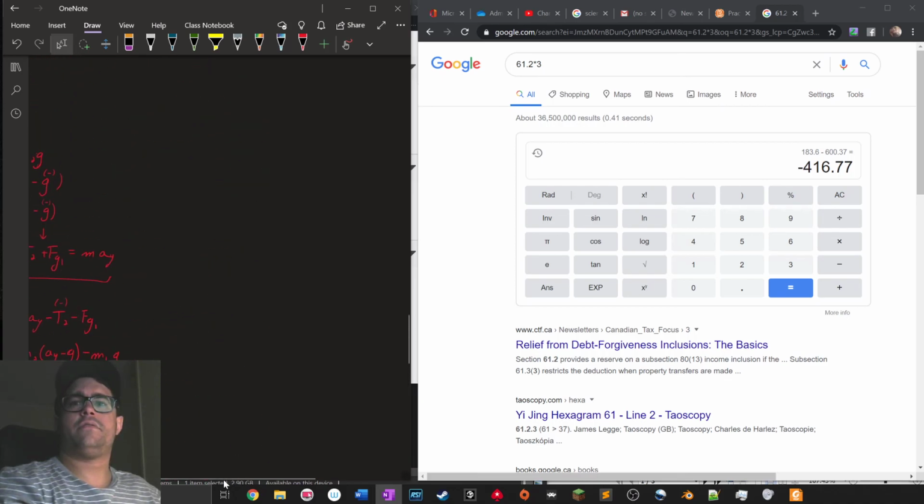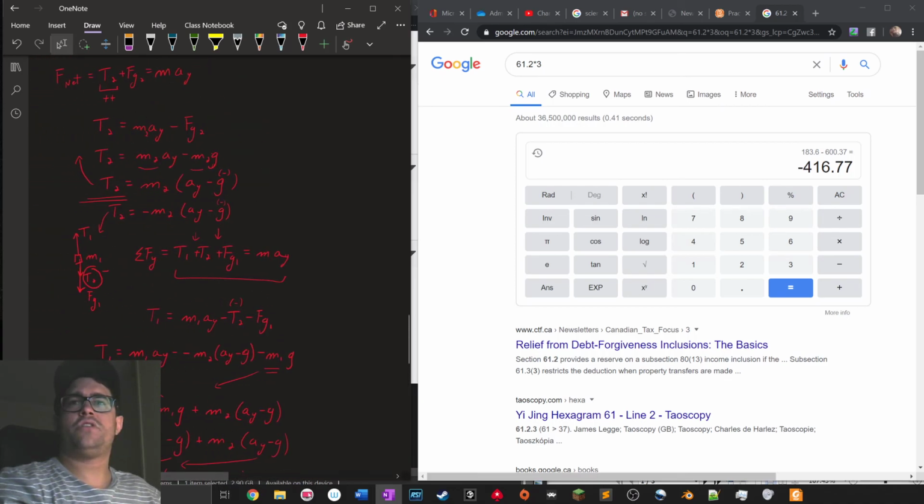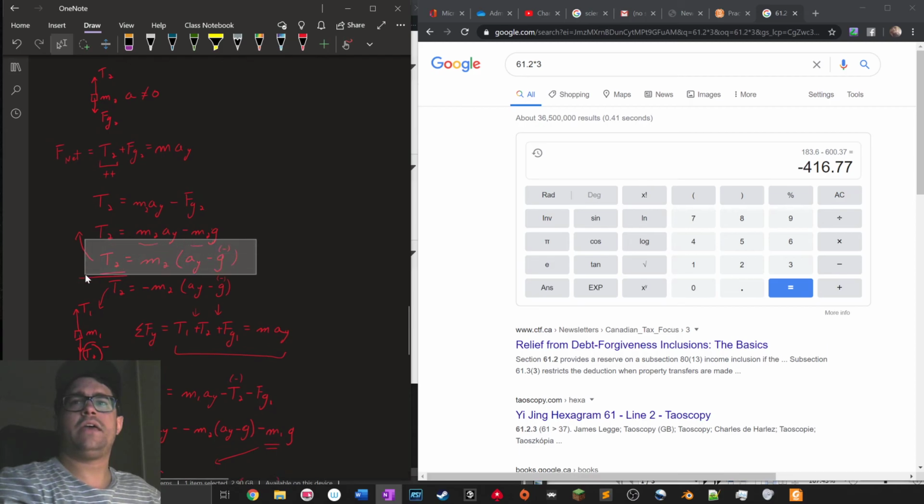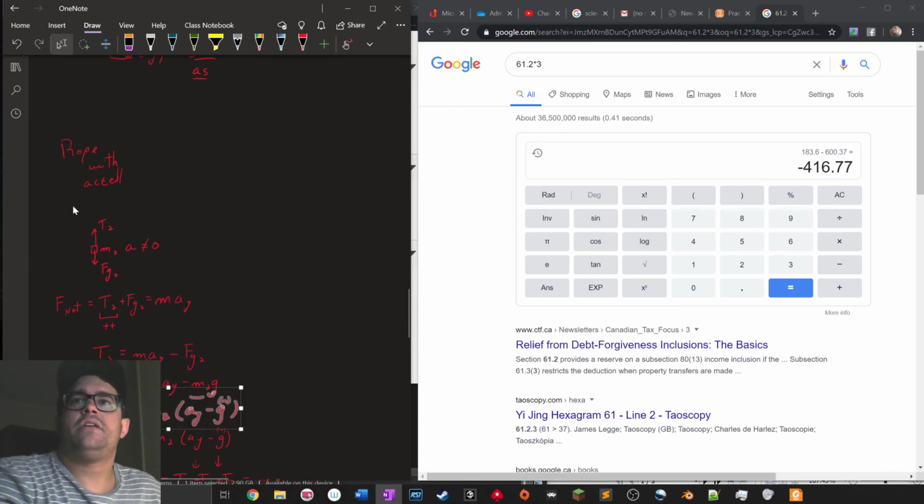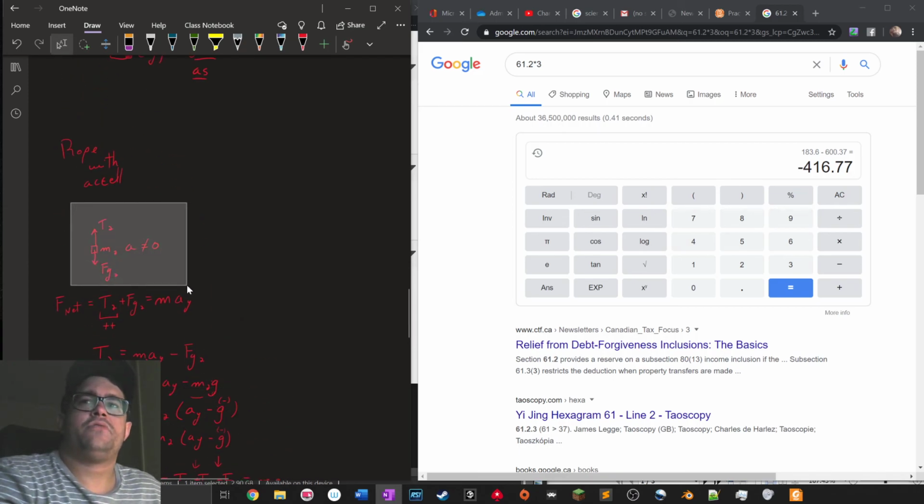And what was this equation for again? We came up with this equation because of this situation right here, when there's only a mass, no acceleration, and a tension, right?